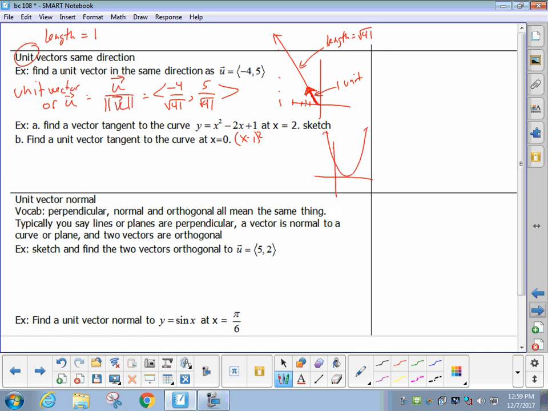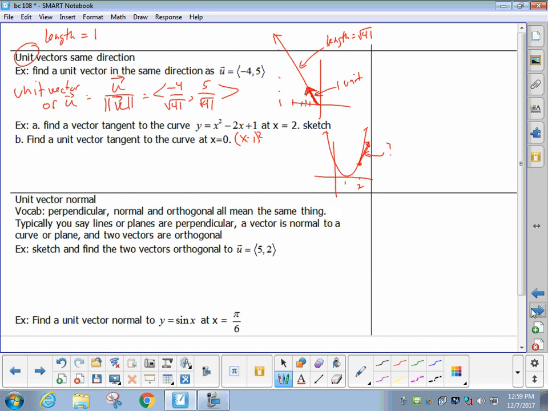Now, if I wanted a vector tangent to the curve at x equals 2, then I want a vector that's tangent, not like a tangent line so much as a tangent ray. It could actually be one of 2 directions, but the one that goes up to the right is the most logical, as you'll see in a second why. Okay, but this is what I'm looking for.